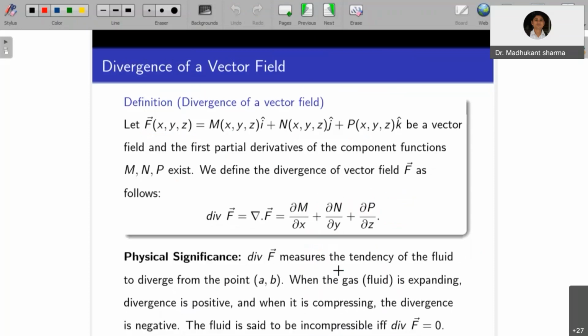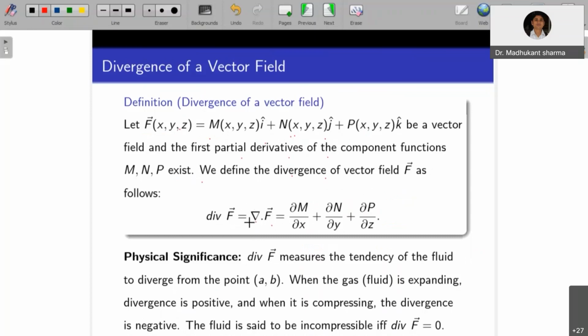And you have the divergence. I have already discussed the divergence in the plane region. Now in space, you can extend it for this velocity vector field F, where the first partial derivatives of the component functions exist. We define the divergence of vector field F as this dot product.